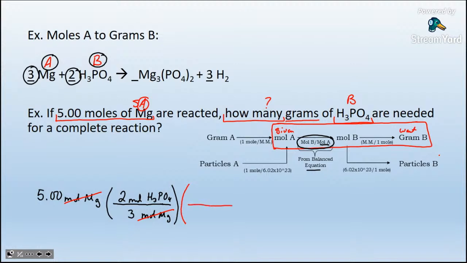So my second step now, since I've done my moles of A to moles of B, will be my moles of B to grams of B. And this is where I am now going to need a molar mass. So you can see on this roadmap, molar mass per 1 mole.